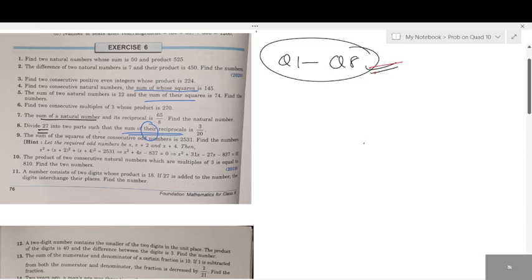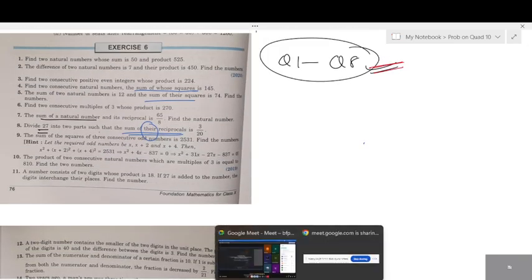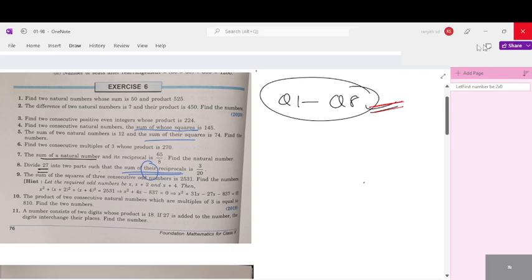We have almost done. 1 to 8 questions are completed. From 9 onwards, we'll complete it tomorrow. Now back to the proportion chapter.